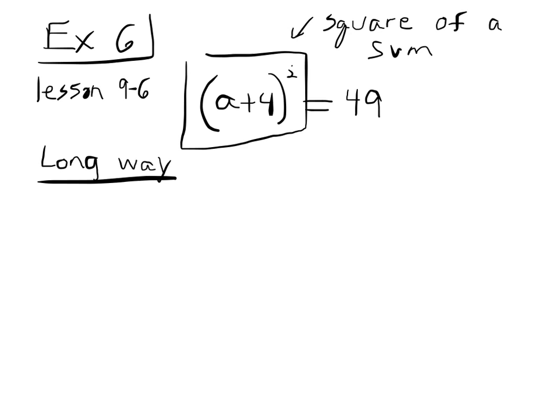Now that we know it's the square of a sum, we know the shortcut formula is a squared plus 2ab plus b squared. So a is 1, so you would have 1 squared.